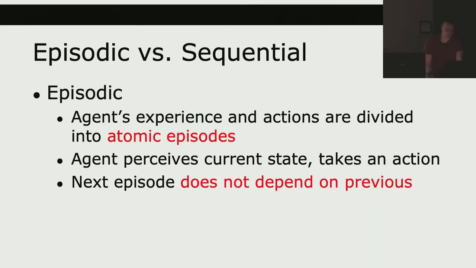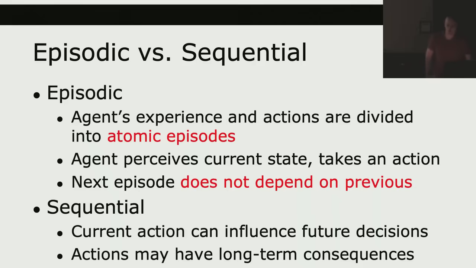Episodic versus sequential. Episodic tasks are divided into atomic episodes, where the agent perceives the current state, takes an action, and the next episode does not depend on the previous. Most games, or most environments, are actually sequential, where my current action is going to influence future actions, and my actions may have long-term consequences.